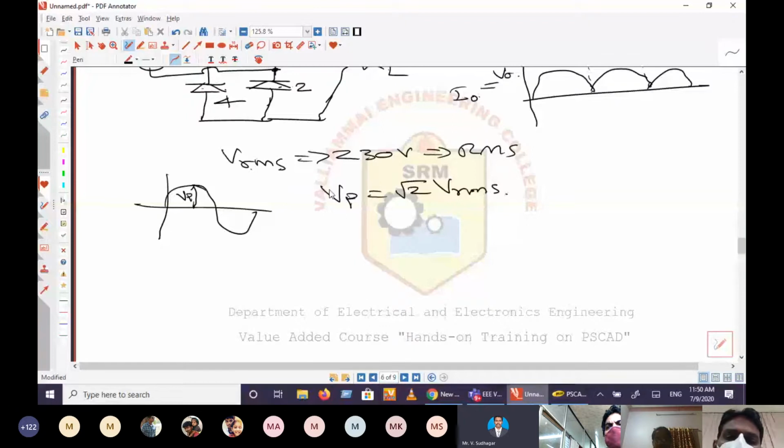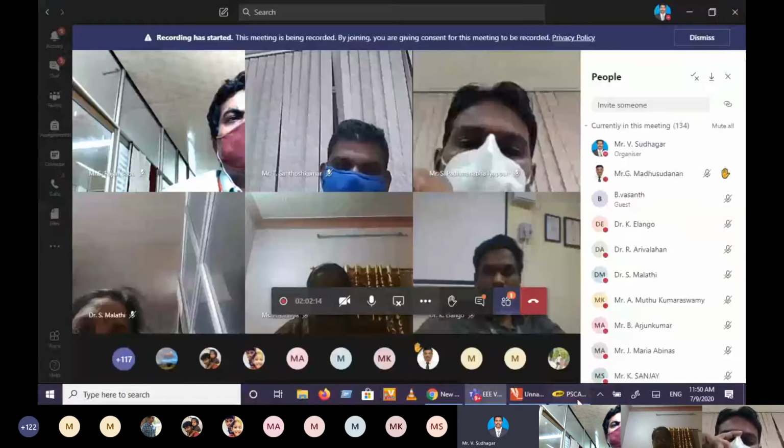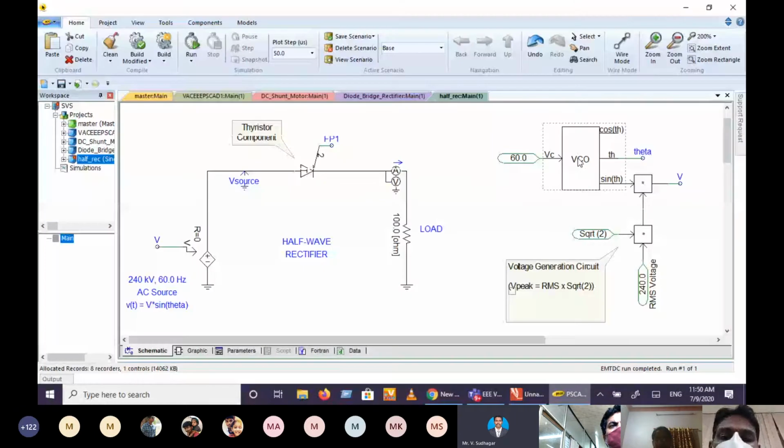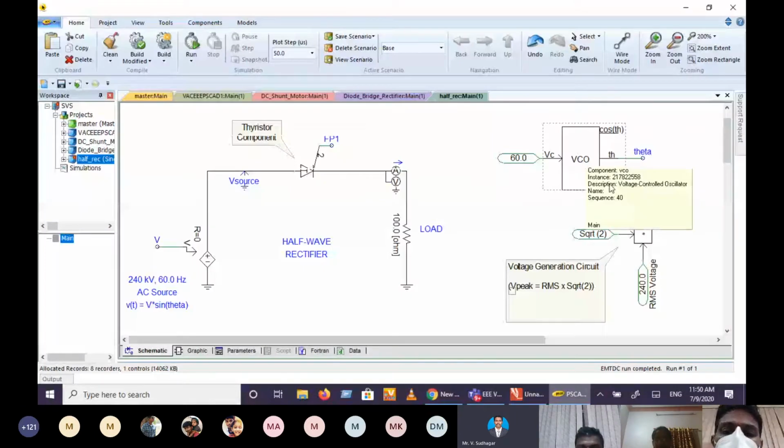So in order to define the peak value, what happened here? This is just generating the sinusoidal pulse, right? So sin theta. What about its peak value? Its peak value is defined with the help of these two. So RMS value multiplied with the square root. So what will we get?